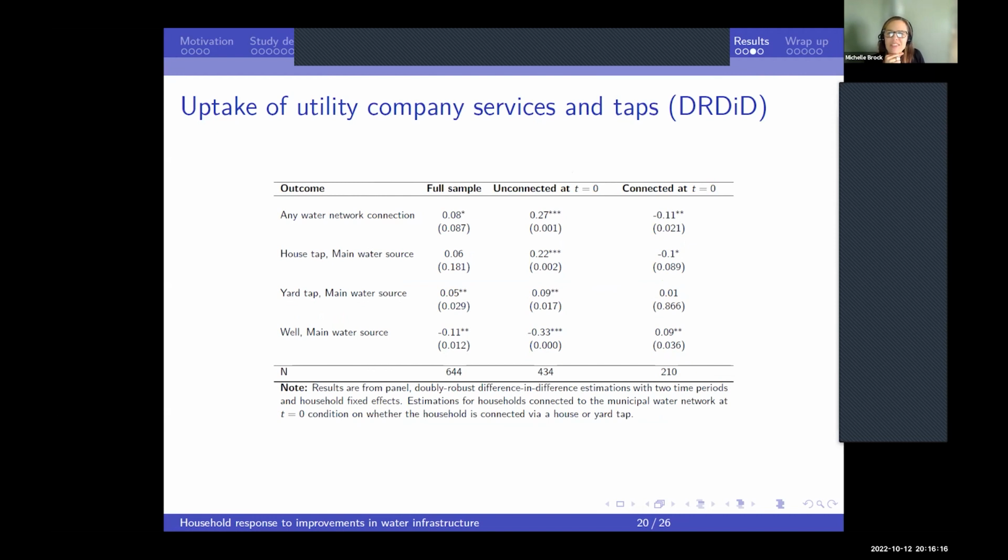Some of these households that were connected at baseline are actually moving away from the water provided by the utility company, and taking up wells as the main source of water. Strictly speaking, we should analyze this as an impact of the program, but I don't think it's the impact of fixing leaky pipes, but rather the promise of the future of metered water and the upgrade to the billing systems.